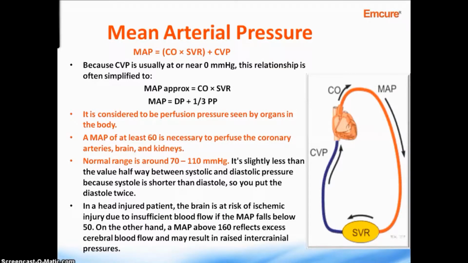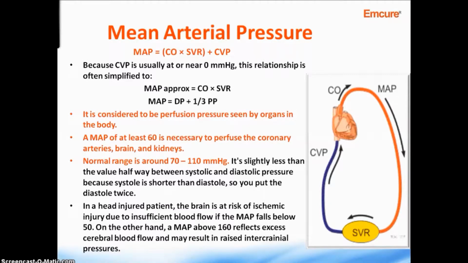Mean arterial pressure will be equal to diastolic pressure. Diastolic pressure in a normotensive person is 80, and we need to add 1/3 of the pulse pressure. Well, pulse pressure is systolic blood pressure minus the diastolic blood pressure. So in a normotensive it is 120 minus 80, which is equivalent to 40. So 40 plus 80 is equal to 120.